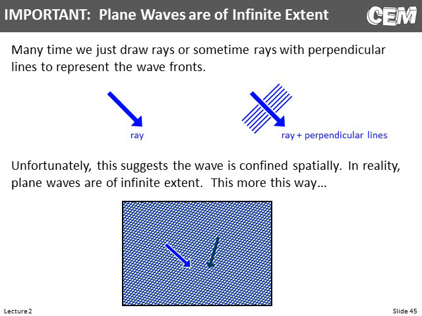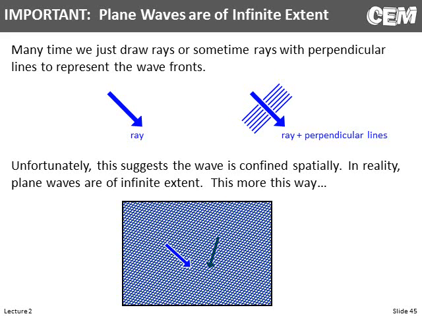Another thing, when we talk about this concept of a plane wave: plane waves don't exist, because plane waves are of infinite extent, which clearly is not real. And also plane waves have existed for all time. So they were there at the time of the Big Bang, and they'll be there billions of years from now when the universe does a big crunch or big whatever it does. So the point is, it's of infinite extent, it's always there. Plane waves don't exist.